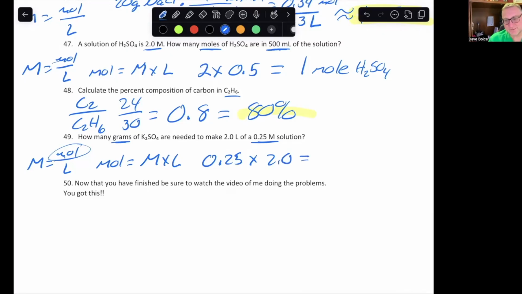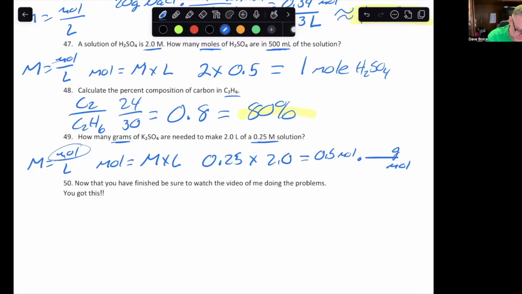And what's 2 times 0.25, you may ask, and that is going to be 0.5 moles. Now, remember, if you are doing this in a multiple choice, that's almost for sure going to be one of the answers, but that isn't the answer. It's getting there. But what we want is grams, not moles.